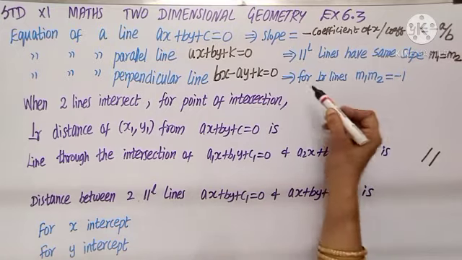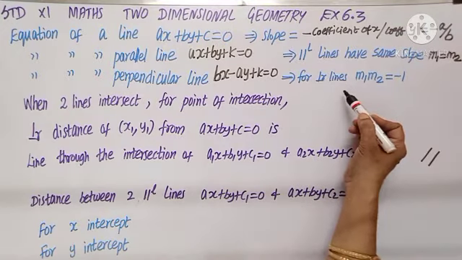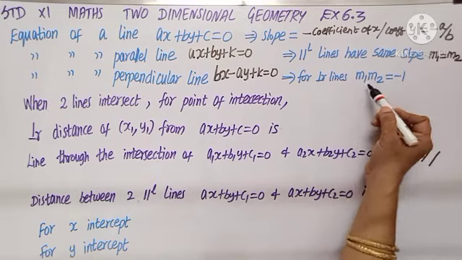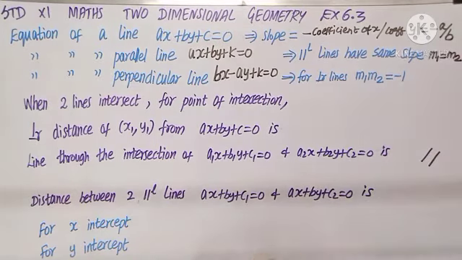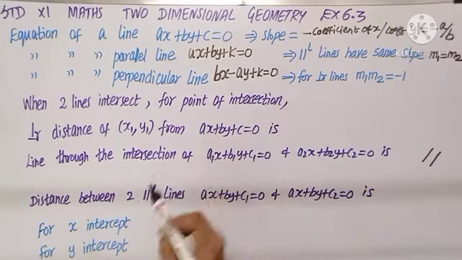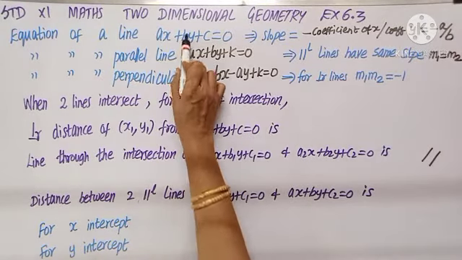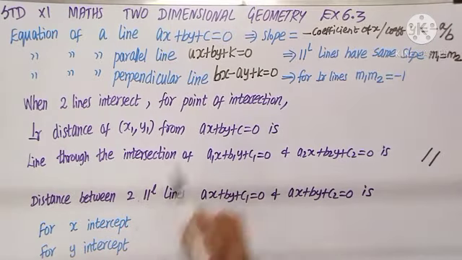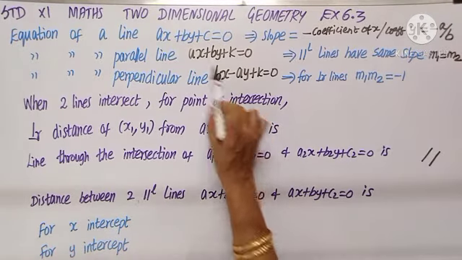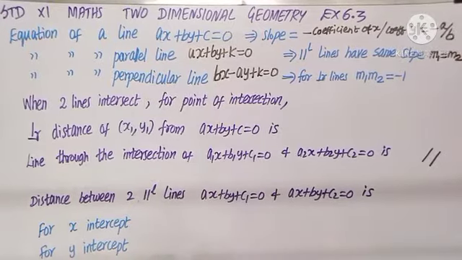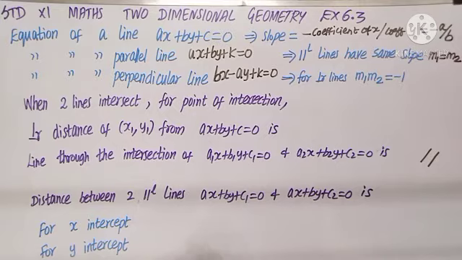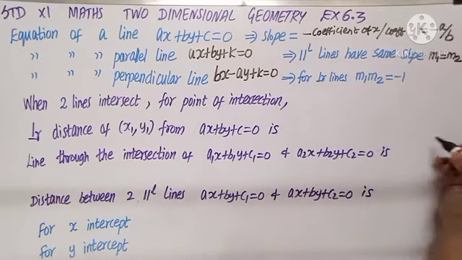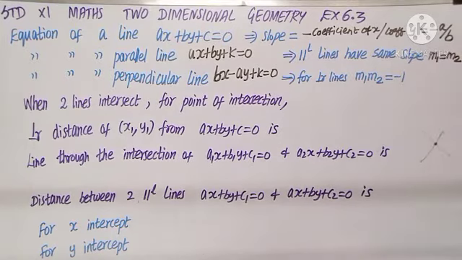Remember, whenever the lines are perpendicular, the slope of the first line into the slope of the second line gives us minus 1. So, how am I to write the equation? Interchange the x and y coefficients. Also, change the sign of either x or y. Change the constant also.